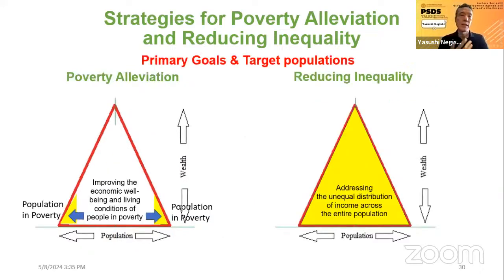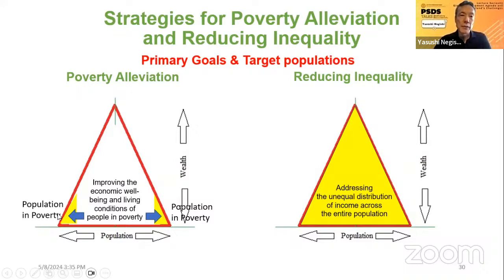Let me explain this with a conceptual chart, so that I can explain the different approaches to poverty alleviation and reducing inequality. Let me start with the poverty alleviation part. So as I explained, this is a wealth pyramid.